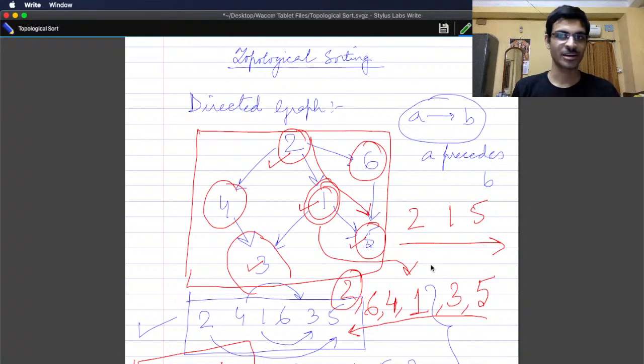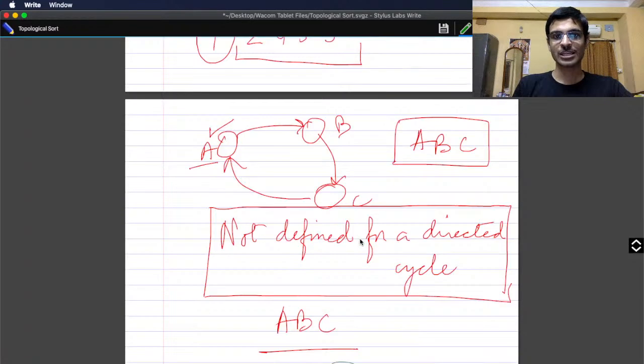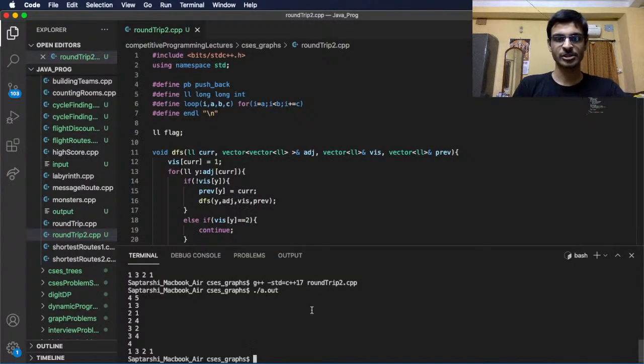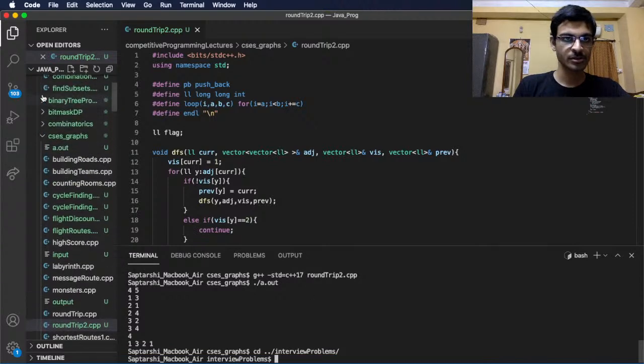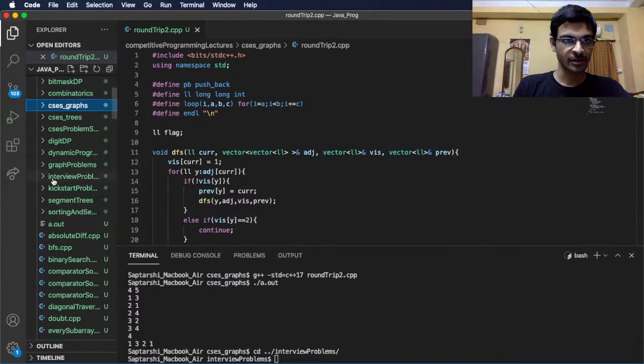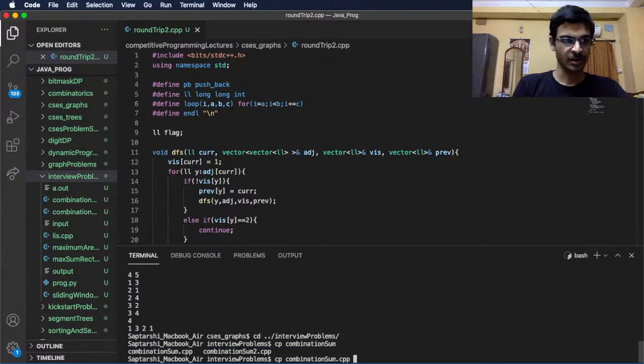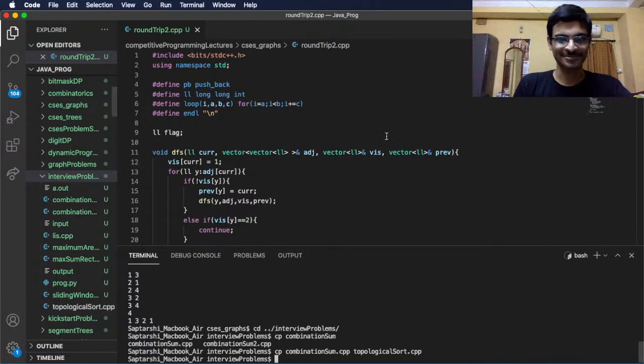Yeah, hi Omkar, hi everyone. So let us proceed to the coding. I can mention outside this, maybe in the interview questions part, interview problems. Let us have it there. I'll copy something like combinations.cpp, and copy this to topological sort.cpp.